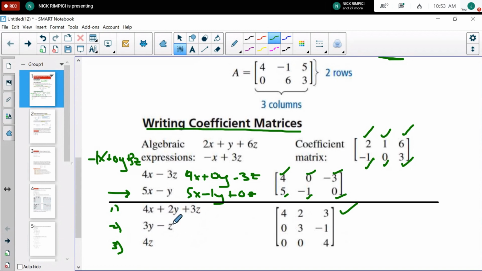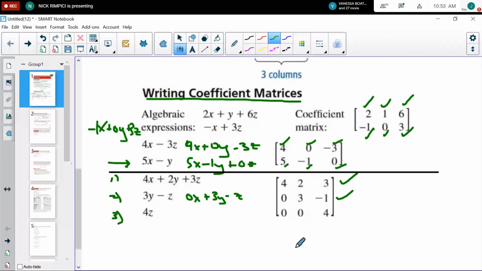X is missing. So really, it's 0x plus 3y minus 1z, right? So 0 goes in for x. See that? X is missing, 0 for x, positive 3 for y, and -1 for z. That's correct. And anybody want to try 3?